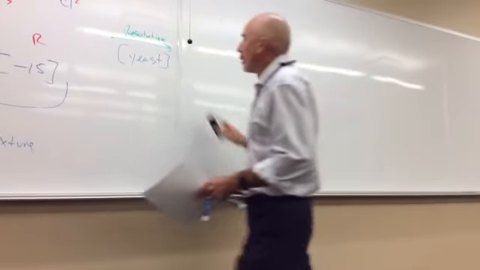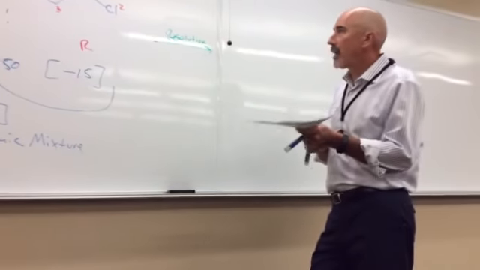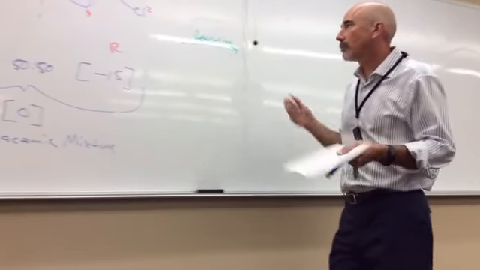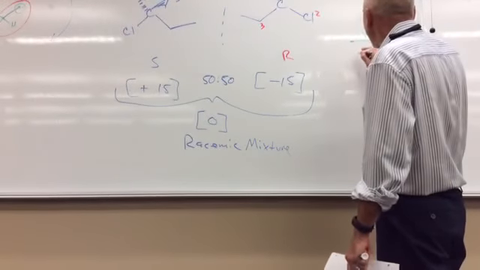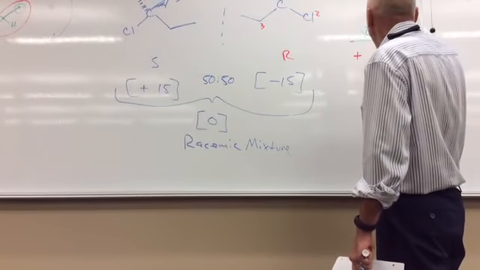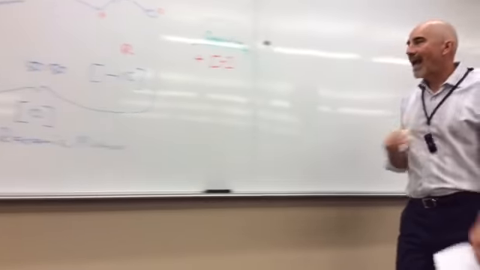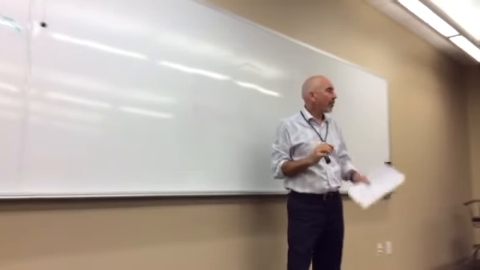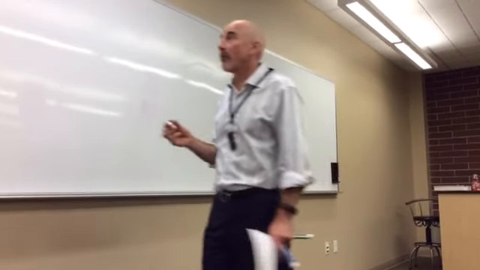Or, let's just say that I can do an experiment here. So I add to this another thing that's chiral. Okay? So I'm going to add some molecule, I'm going to do some chemical reaction, and we're going to talk a lot about chemical reactions. You got a whole semester of chemical reactions.